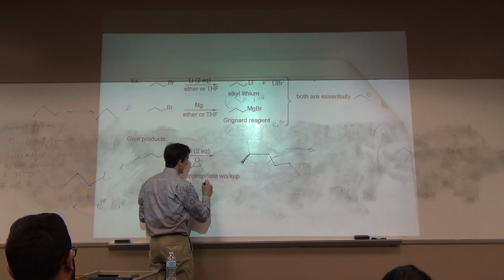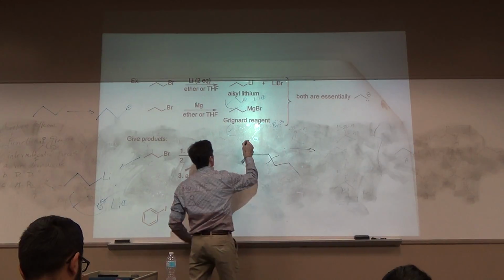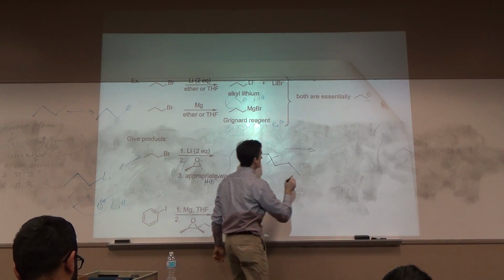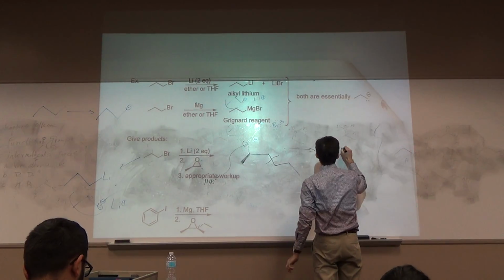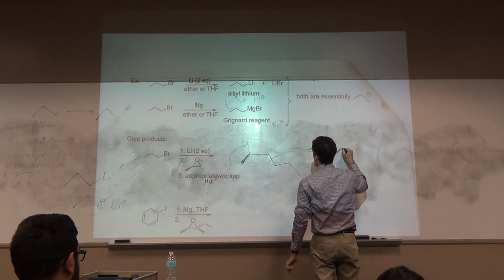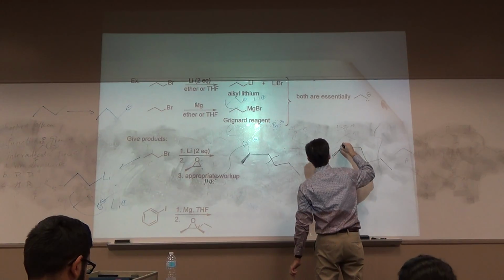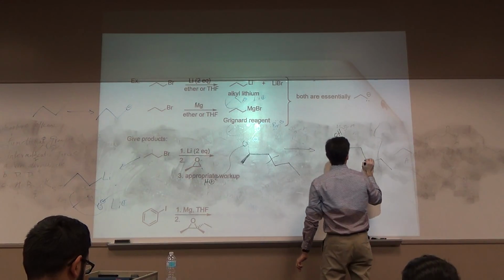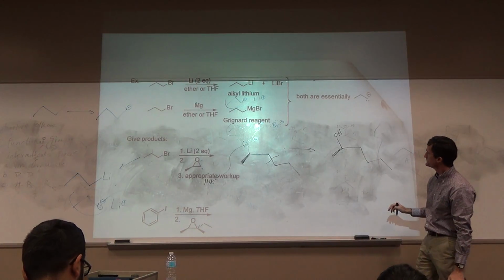Acid, like H+, your favorite acid. This attacks H+. What do we get? We just get the same product, but with the H on there. I'll redraw here, but in the future I won't redraw it.